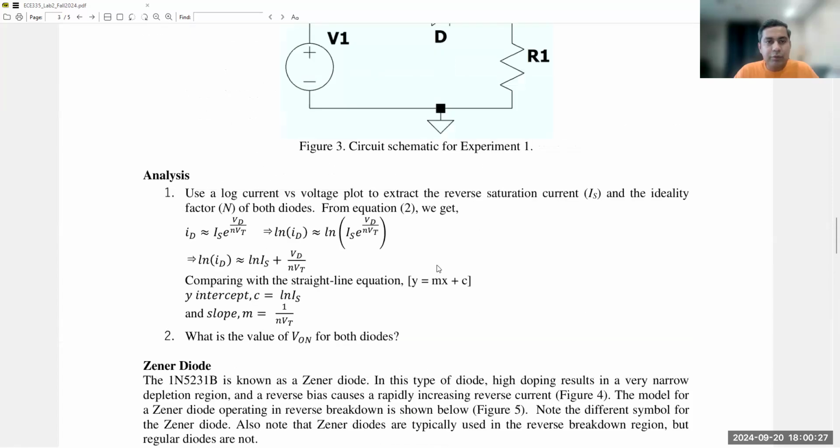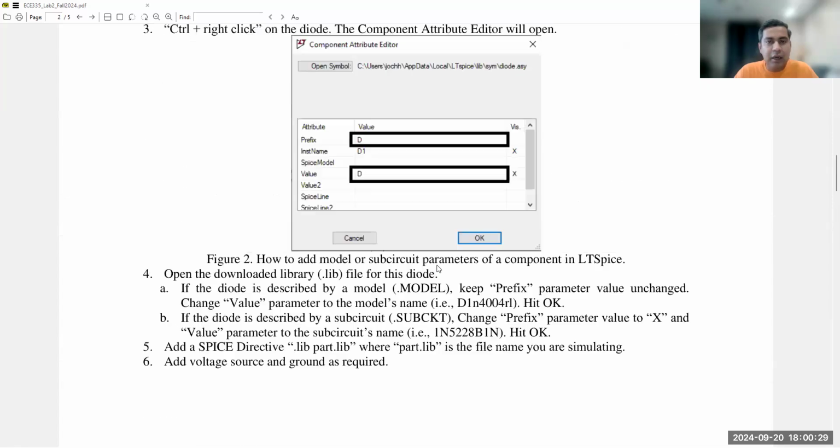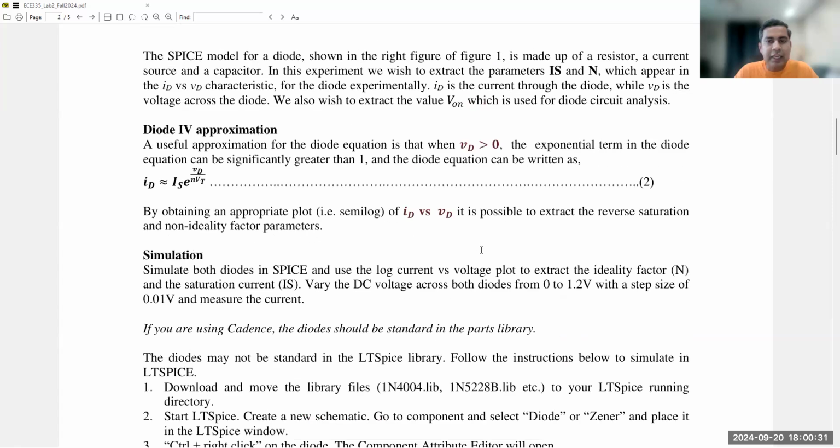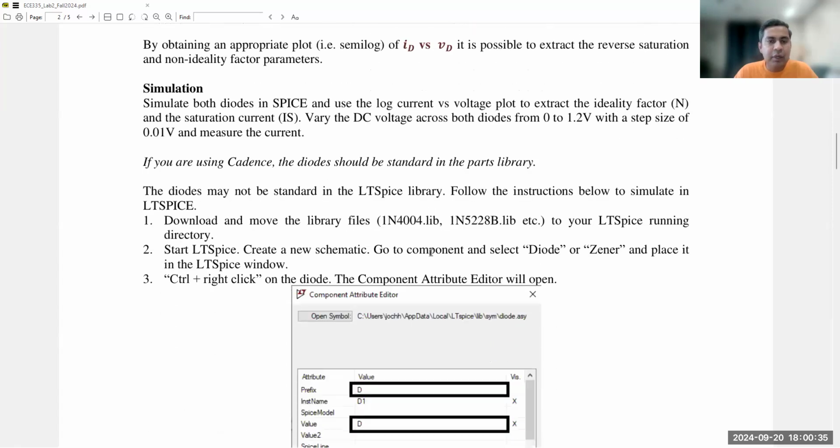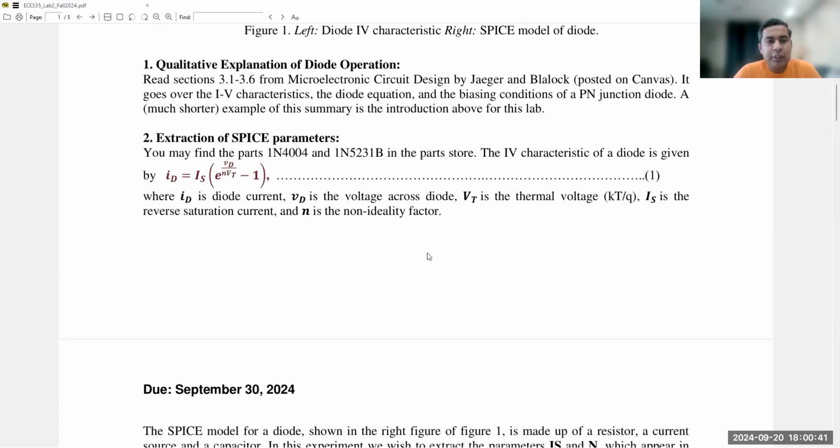So let's go back to the PN junction of experiment one. Experiment one is about the PN junction diode. We will start with the hand calculation of this equation. You can solve this ID current equation for the diode with respect to the applied voltage across it.